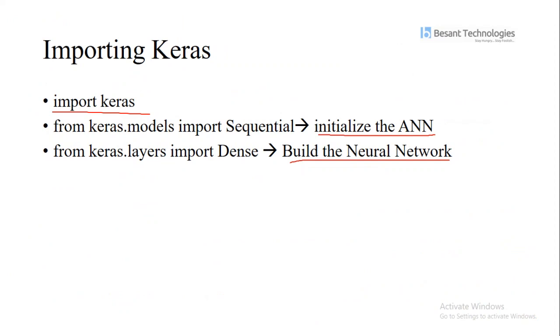Now the first thing in our neural network building is we need to import our Keras library. We already built some machine learning models, and for that we first used to do all our preprocessing steps. So only that preprocessing step we did now.